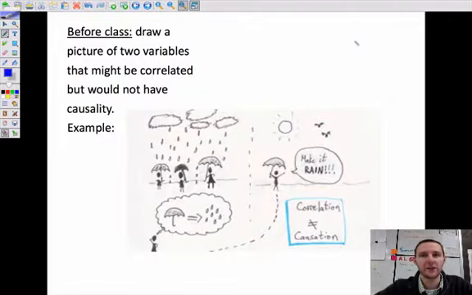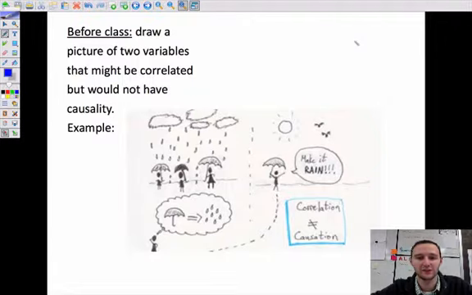And for a lot of these, you can make an argument either way. Like if you think about a few of the examples we've done in class, some of the ones that are maybe closer to a perfect correlation, you could make an argument for causation. You could also make an argument for just a correlation and not a causation.